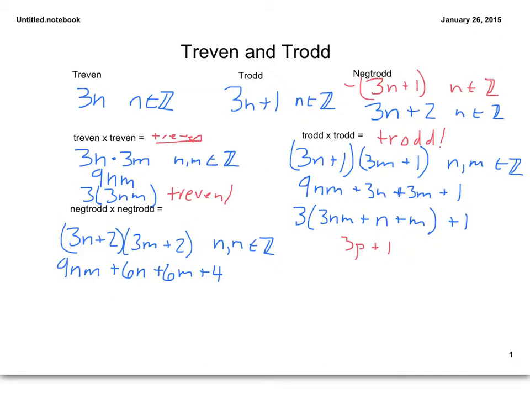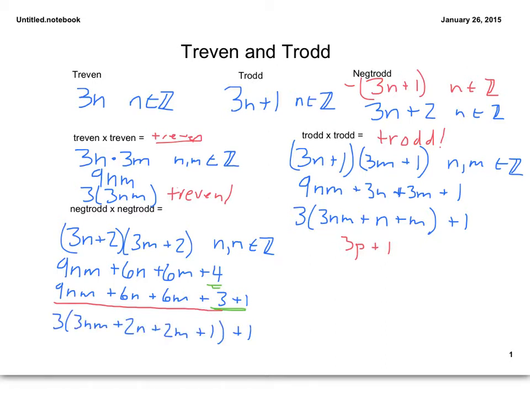So already this one's looking a bit different. Okay, so how are we going to do this? I'm actually going to split that 4 up. So this is a nice little trick that you can do. This 4 is going to be written as 3 plus 1. And now I'm going to look through and factor. And what can I factor out? Well, 9, 6, 6, and 3. I can factor out a 3 from all of those.